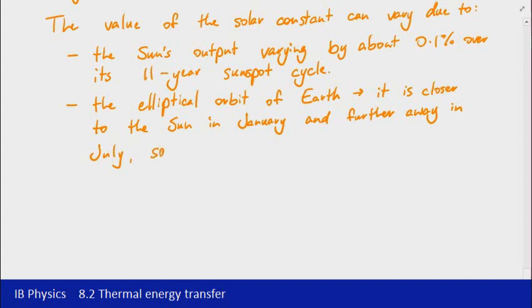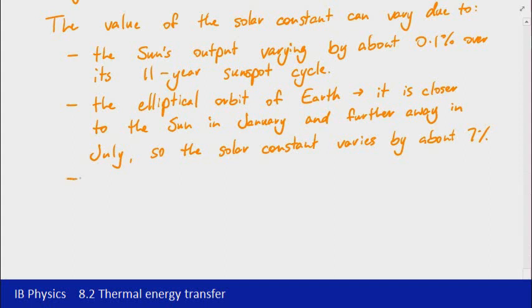And the effect of that, being the solar constant, can vary by about 7%. So 2 contributing factors to the way that the solar constant can change.